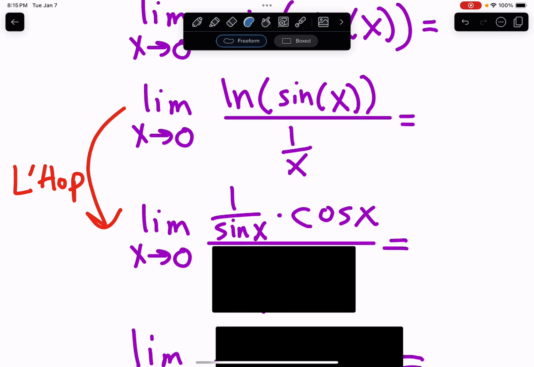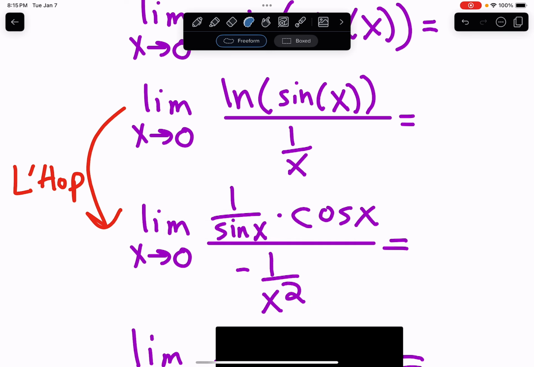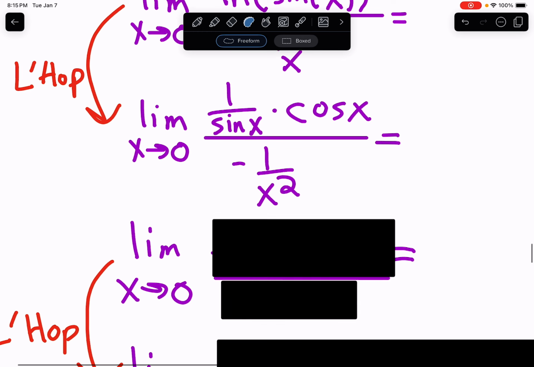So let's go ahead and do our derivatives. So 1 over sine of x, since the derivative of natural log is the reciprocal. Chain rule, I get cosine. Derivative of 1 over x, I get negative 1 over x squared. And so can I plug 0 into this? Now, you've got to be careful here.